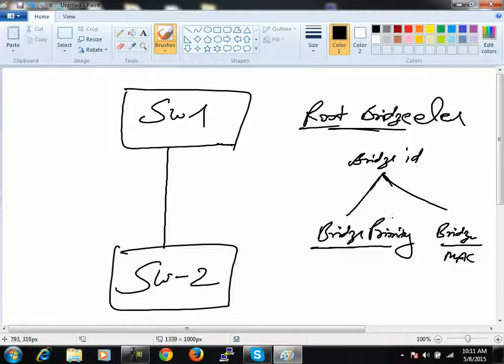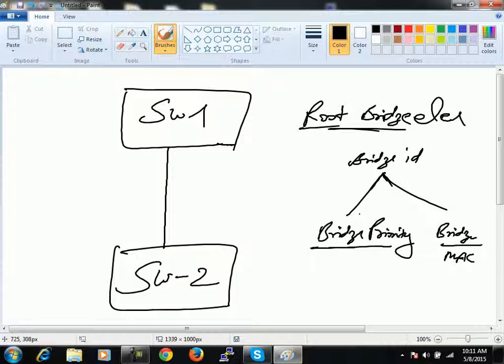One more thing: a switch with the best bridge ID will always become root bridge. Now how will you evaluate which bridge ID is the best? First of all, you will compare only their bridge priority out of the bridge ID.